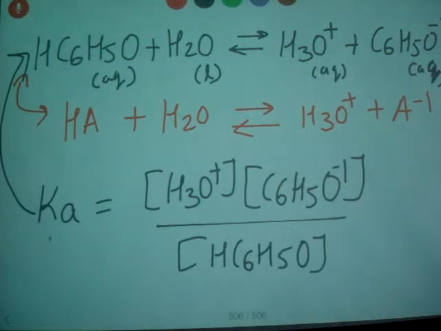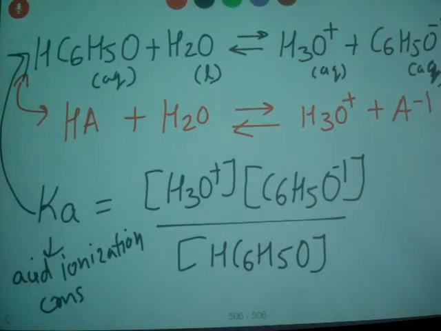So that's how we write the acid ionization constant for this equation. Okay, so that's the basic: first, how to write the acid ionization constant expression.